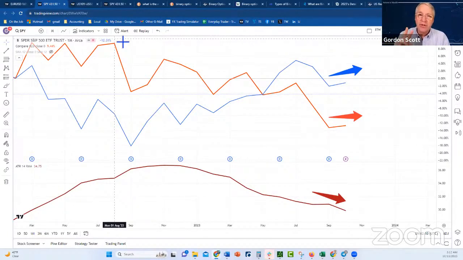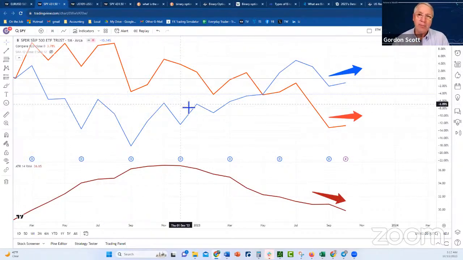If those two things occur at the same time, it's a big warning signal that, hey, things are about to get ugly, right? Well, going back 100 years, 9 out of 10 times that signal correctly predicts that troubled times are coming ahead for the market.